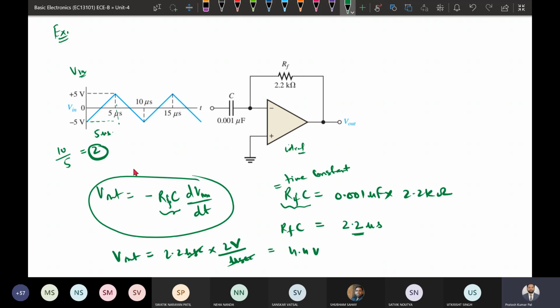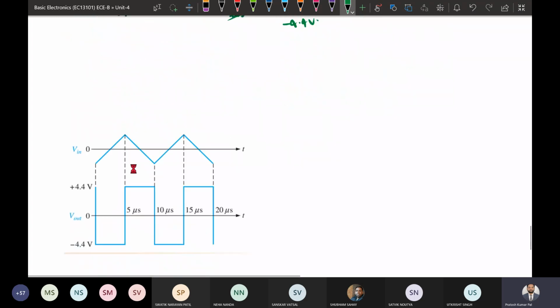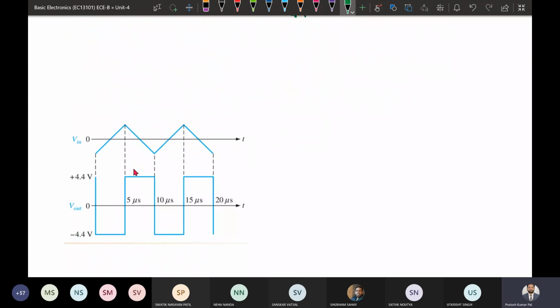If the slope is positive, the output will be minus 4.4; if the slope is negative, it will be plus 4.4. For 0 to 5, the slope is positive, so the output will be negative. If the slope is negative, the output will be positive. The magnitude will be plus minus 4.4. So this is how we find the output.